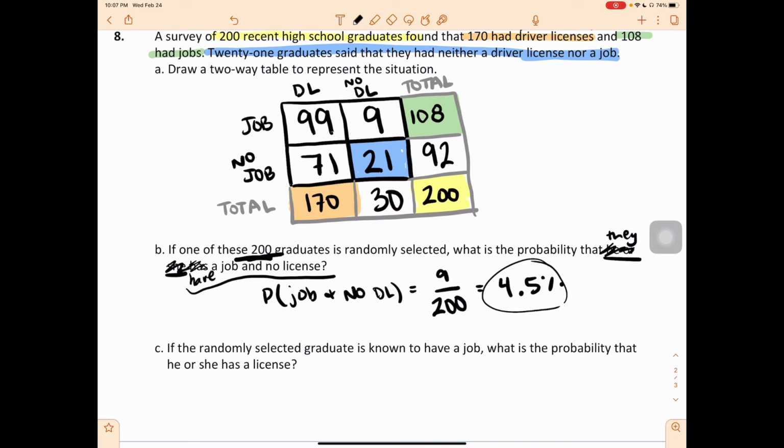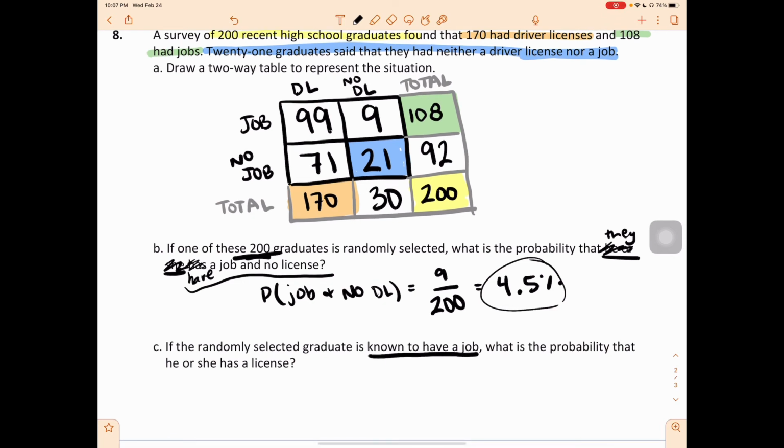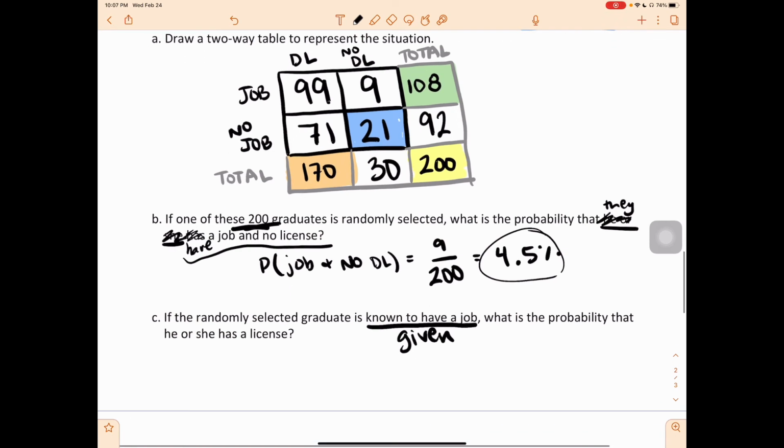Alrighty, if the randomly selected graduate is known to have a job, that is a given. We are given that info. What is the probability that he or she has a license? What is the probability somebody has a driver's license given we know they have a job? Driver's license given job.